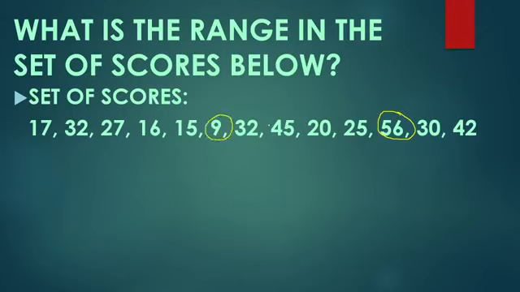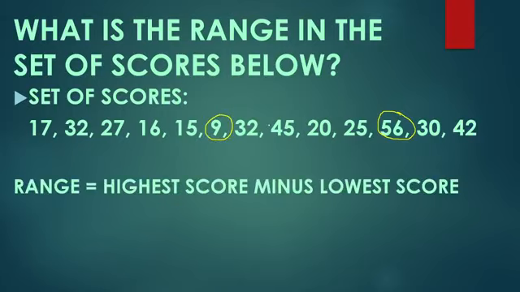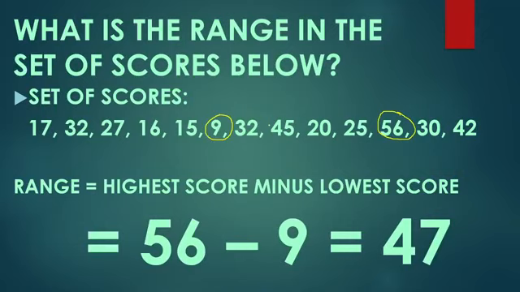Okay, there you go. 56 minus 9 will give us 47. So therefore, the range is 47. Any questions about the range? Is this clear? Okay, very good.